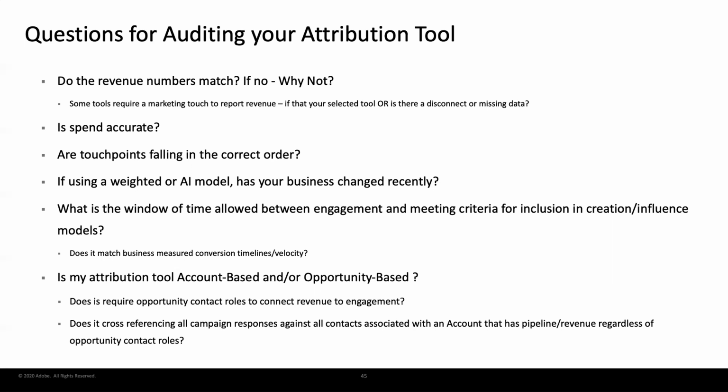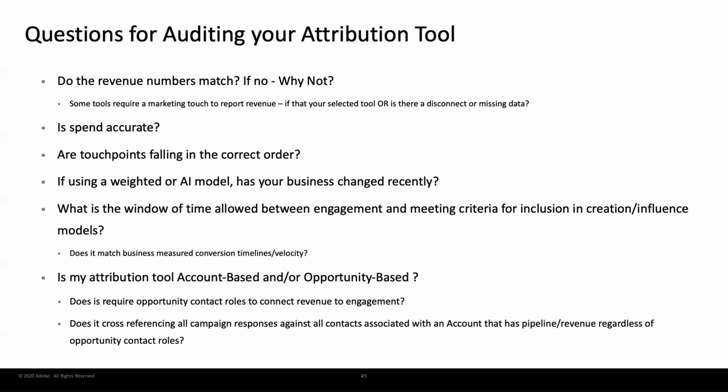Are the touch points falling in the correct order? This goes back to that engagement date. If we're thinking about weighted or AI models, if the data you're building that model on top of is old and you've changed the business or your ICP, that may not actually be right for you anymore. And then I think one of the key things too is, are you using an account-based and/or opportunity-based model?